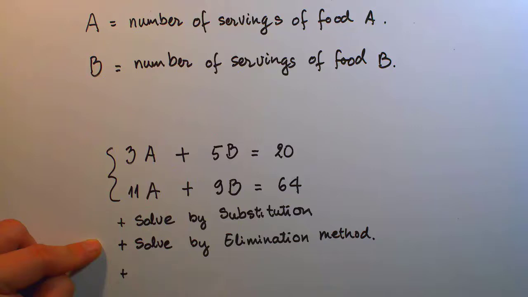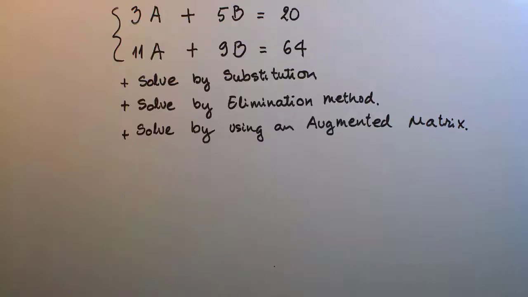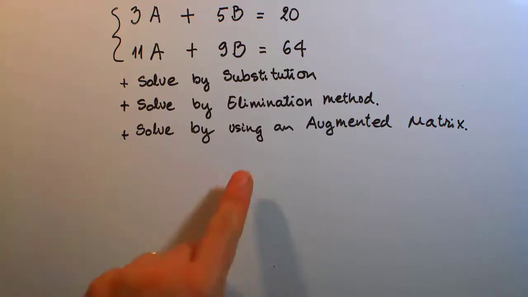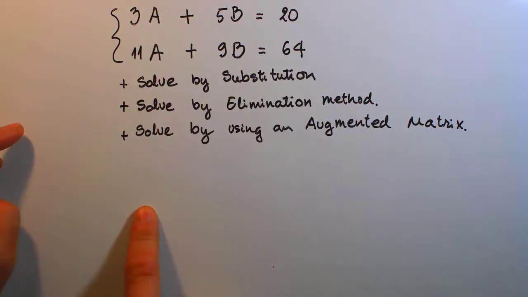And the third method is the matrix method, where we solve the system by using an augmented matrix. For those who are solving this system of linear equations by using an augmented matrix, this system produces the following augmented matrix.